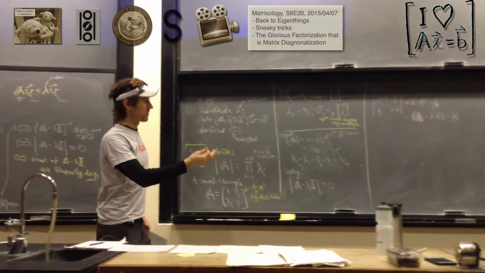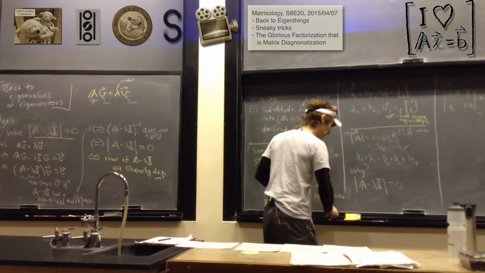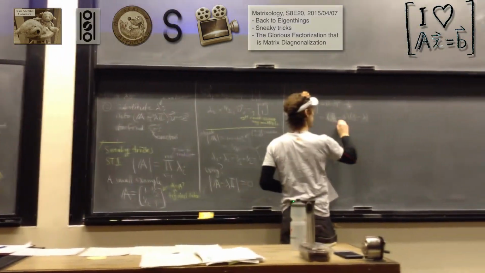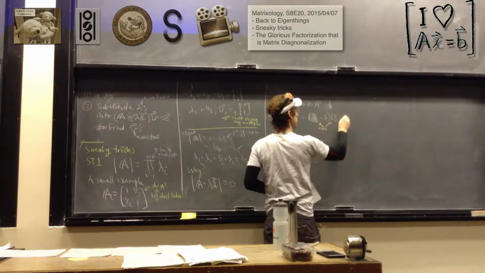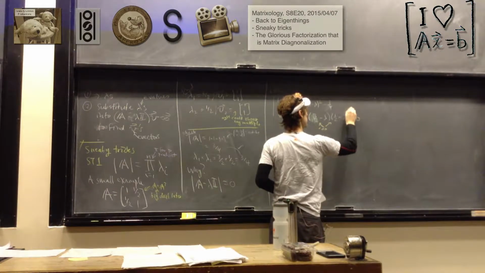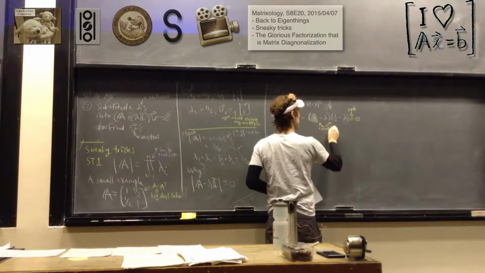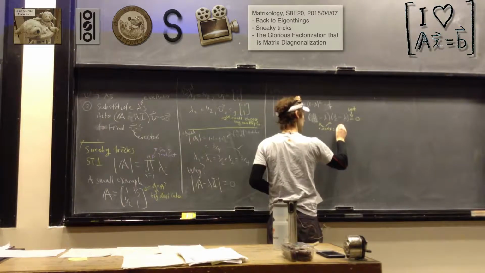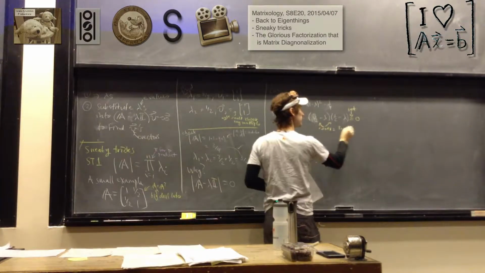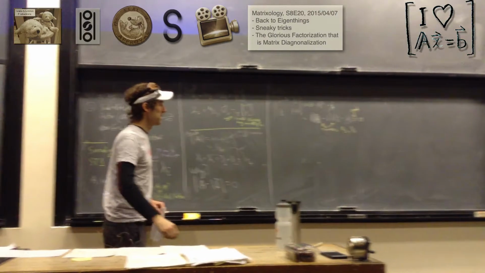The point is that the roots, set equal to 0, equal 3 halves and a half. That's how we find our eigenvalues.